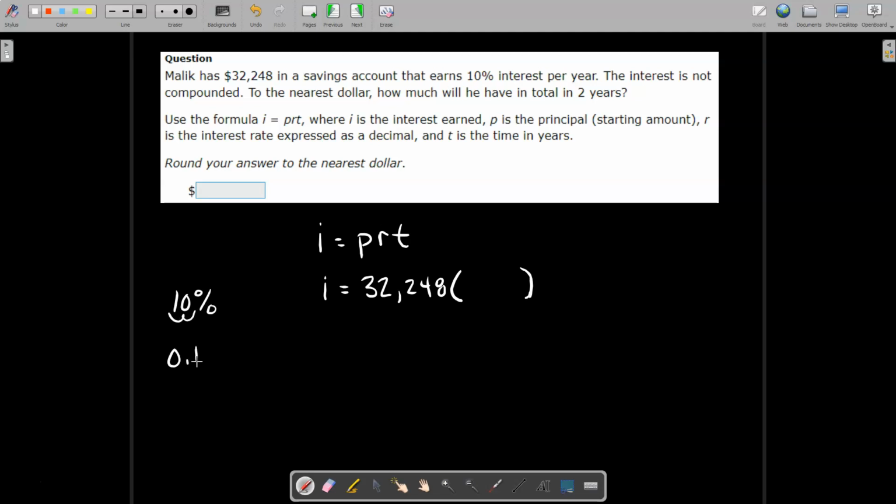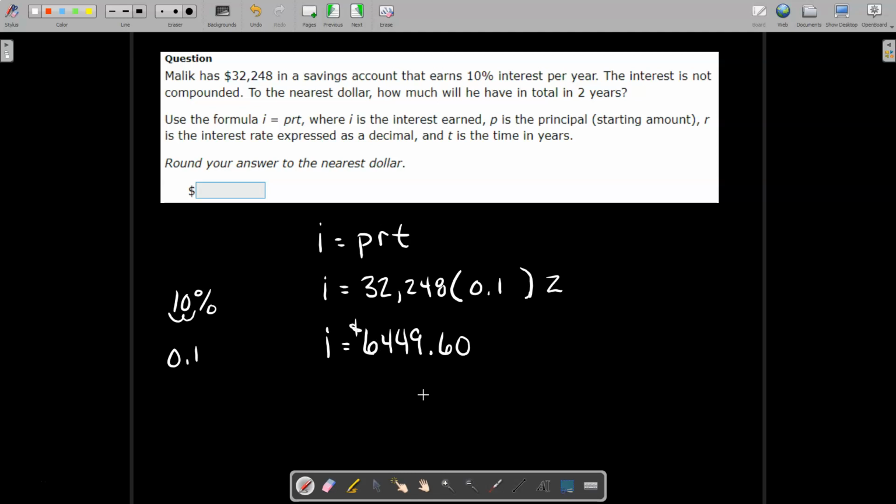So we get 0.1, so put 0.1 in there. And this is over 2 years. So let's go ahead and multiply all these factors, the principal times the rate times the time. And when we do so, we discover that Malik has $6,449.60.